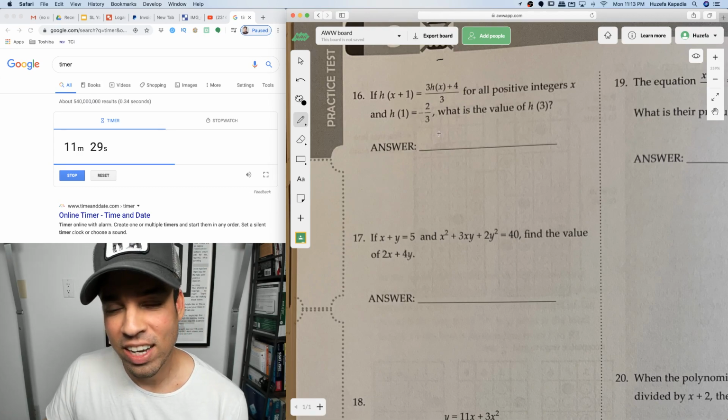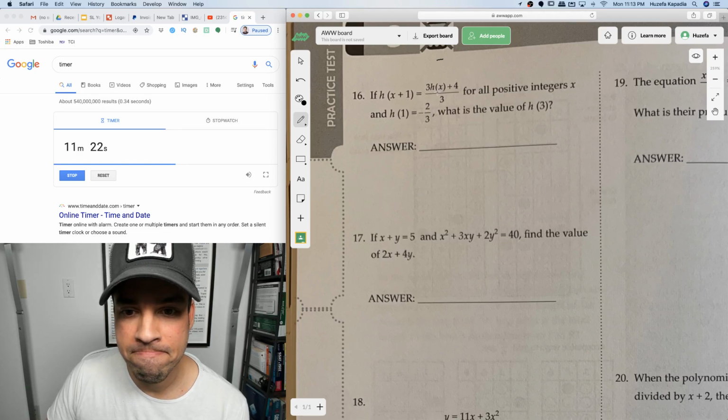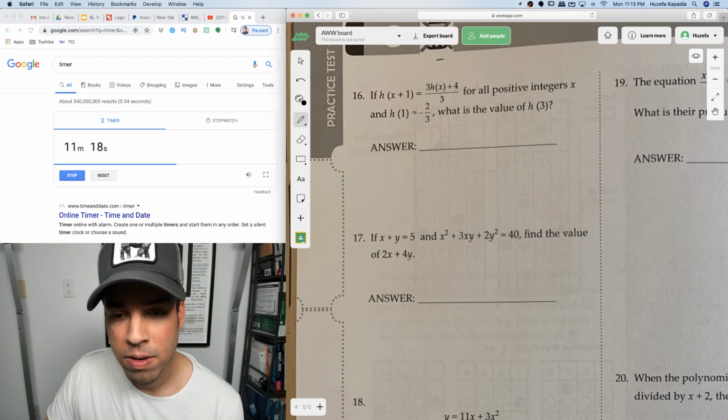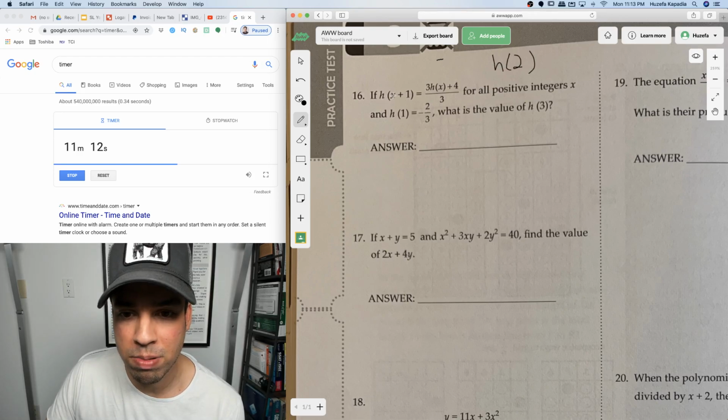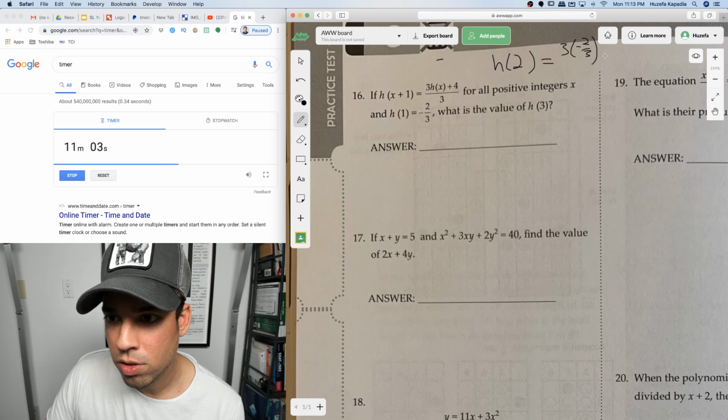Sorry about that. Okay, so anyways, now when I plug in 0 for this, I get h of 1. Oh no, wait, this is kind of confusing. Okay, so if I plug in 1 for x, then that's h of 1 equals 3 times negative 2/3 plus 4 over 3.